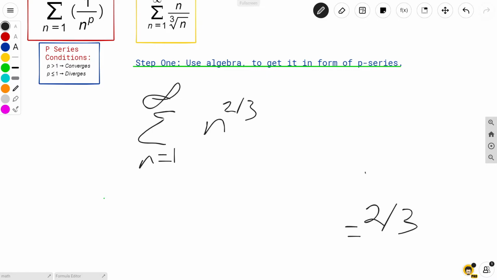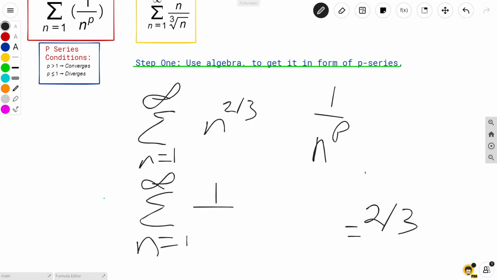Now we have to have it in the form of 1 over n raised to the p. To do this, we simply rewrite it as 1 over n raised to the negative 2/3. So now we have our p.